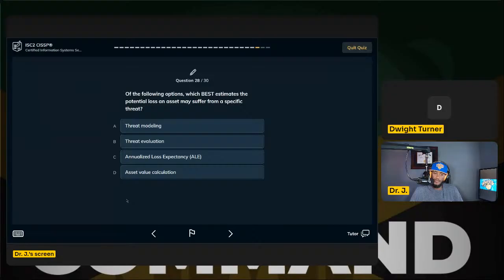It's not going to be asset value. I think this is going to be Charlie. It's not threat modeling, we're not doing a threat evaluation. We're talking about the loss an asset may have. So this is going to be Charlie.